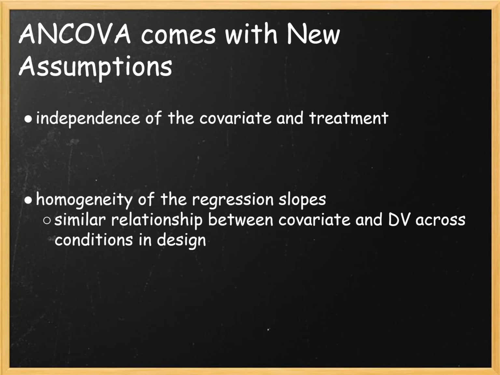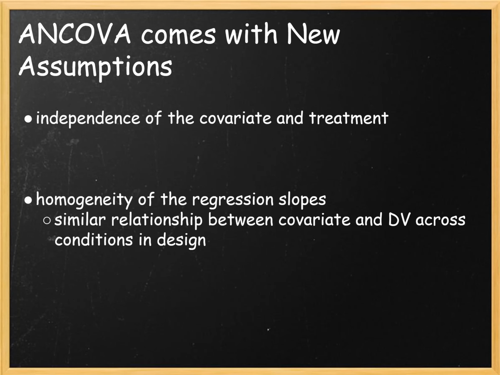ANCOVA has the same assumptions as ANOVA, and I'm not going to go over those in this video, but you can go back to the ANOVA lecture to review those. But we should discuss two new assumptions that come about in an ANCOVA, and one is that the covariate is not influenced by the treatment or the independent variable.